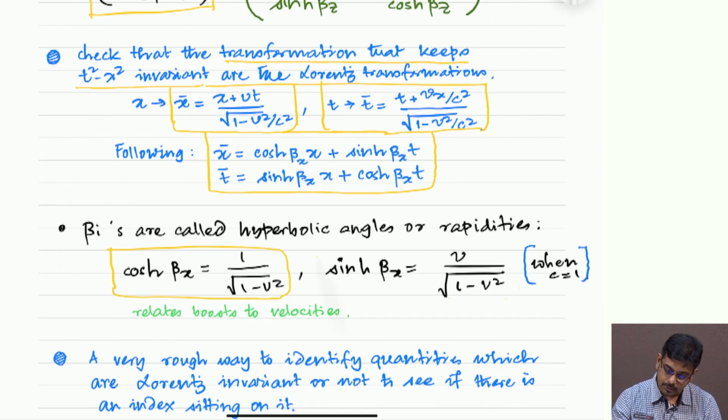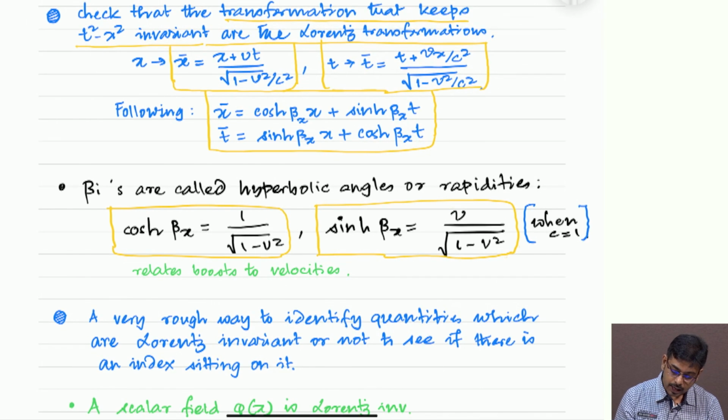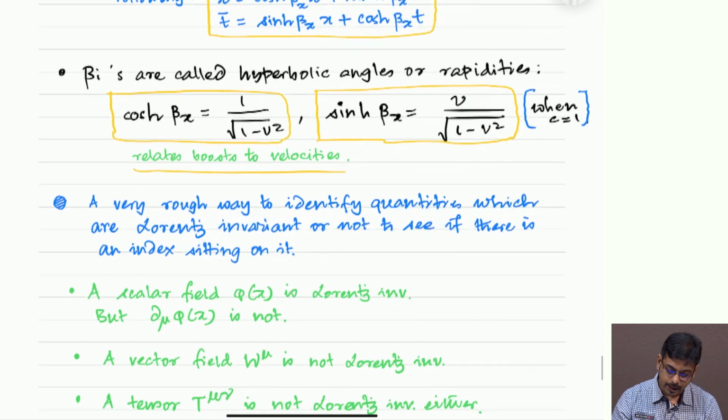We have taken c equal to 1. So, therefore, the sin hyperbolic should be something like v by square root of 1 minus v square. Okay. So, this relates the boosts with the velocities of these different frames.